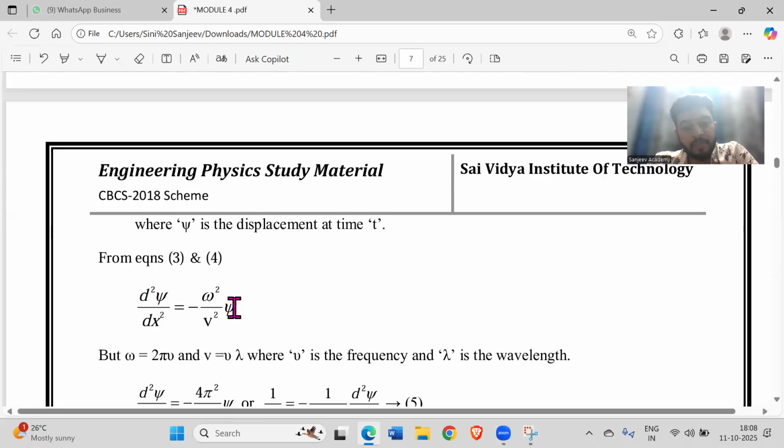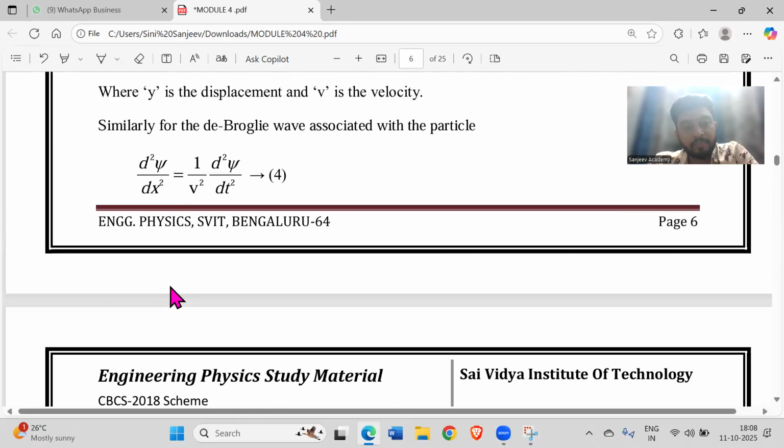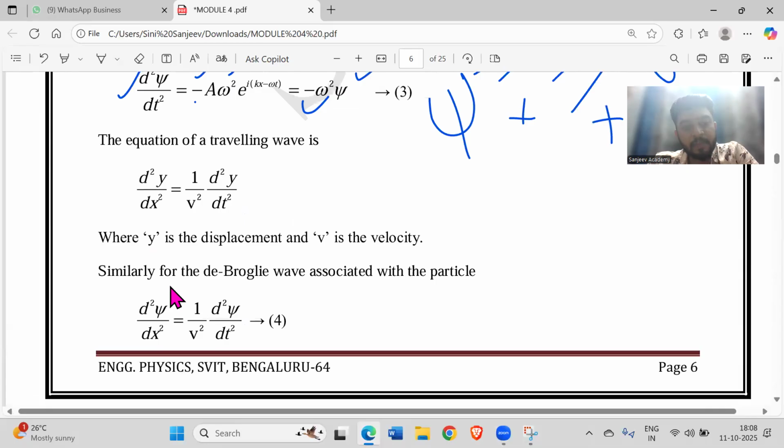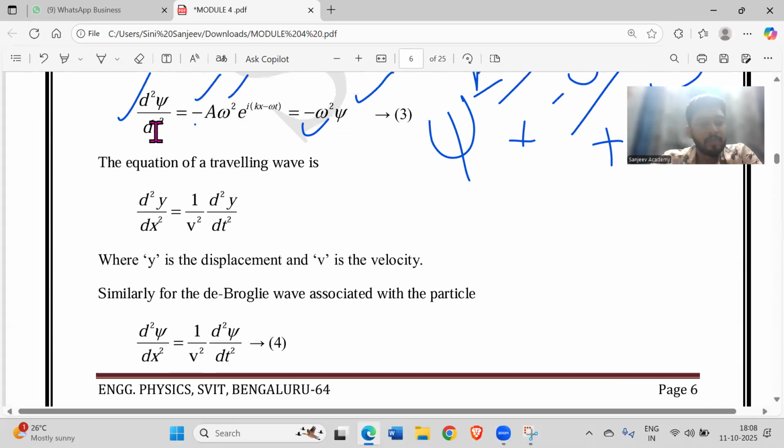Then coming to this equation, I'm just going to compare these two things. As you can see here, d square psi by dt square, here also d square psi by dt square is there. Correct? So instead of the d square psi by dt square, I'll put minus omega square psi in this equation.